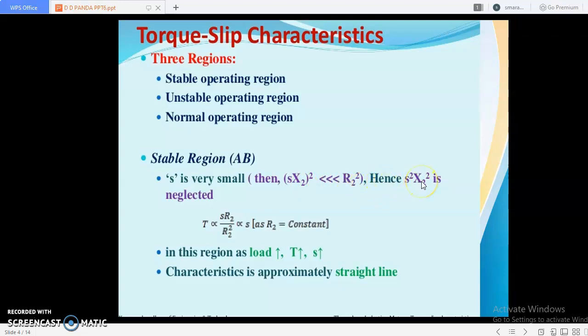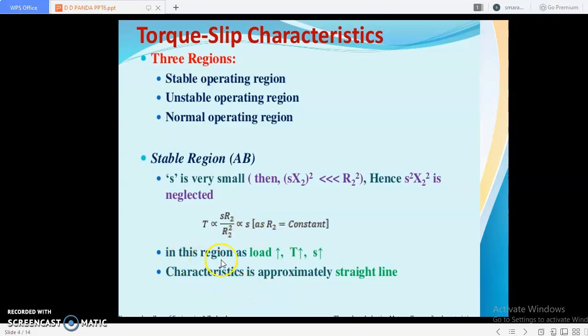Hence s squared x2 squared is neglected. By neglecting it, we get torque T directly proportional to s into r2 divided by r2 squared, or simply torque is directly proportional to slip s, as r2 is a constant.